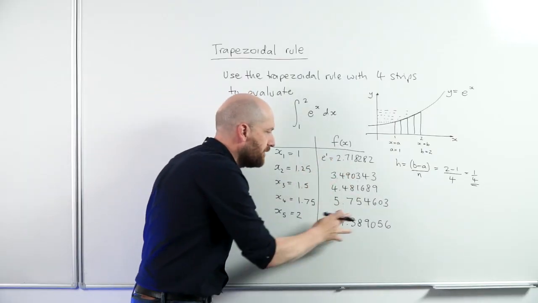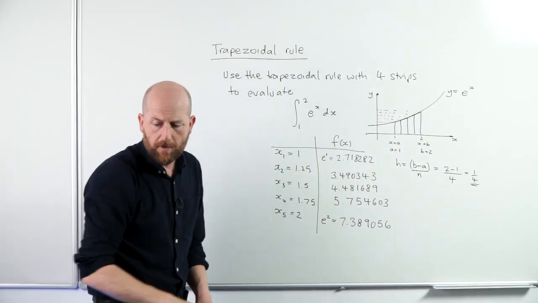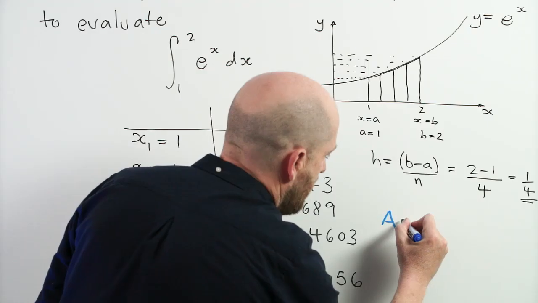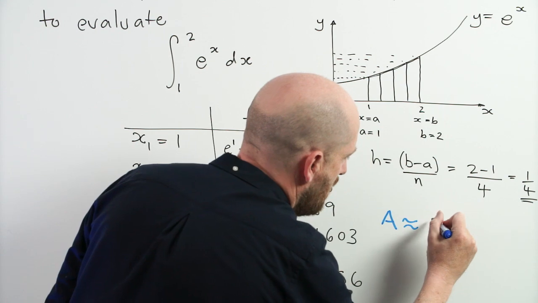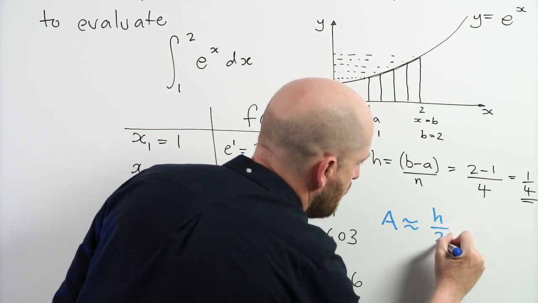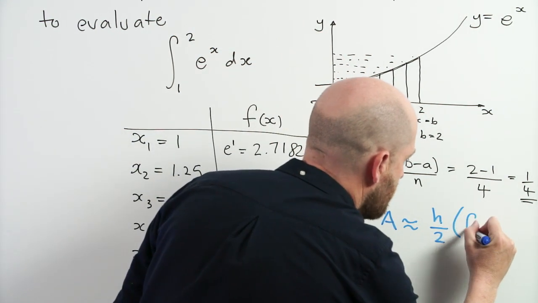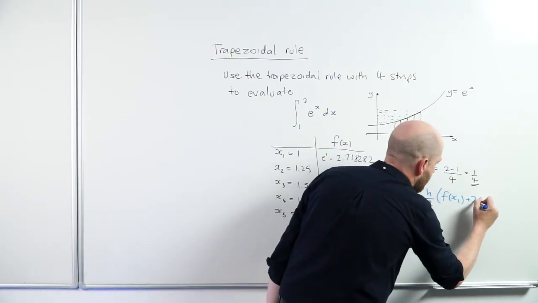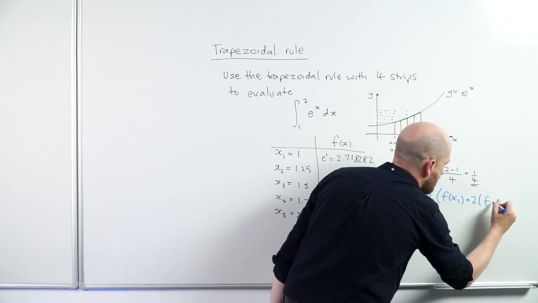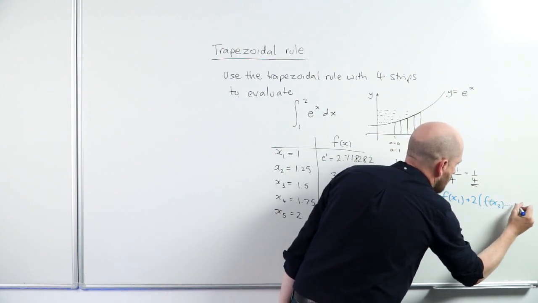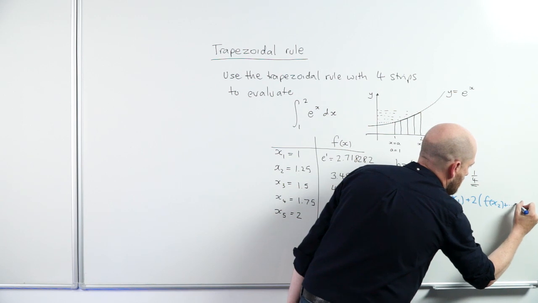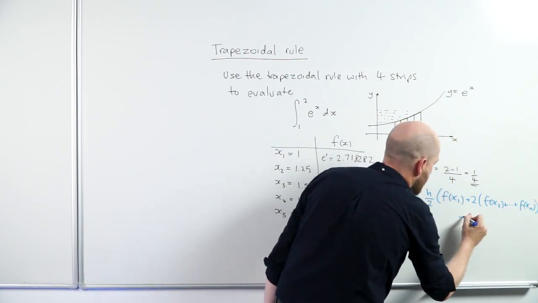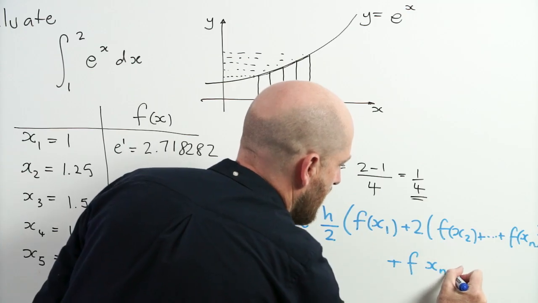How do I combine all of these using the formula? Well, the formula, if you remember, tells me that my area is approximately equal to h over 2 times the function of x evaluated at x1, then twice the function at all the midpoints, x2 all the way up to f at xn, and then I add on the function at the very end point, n plus 1.